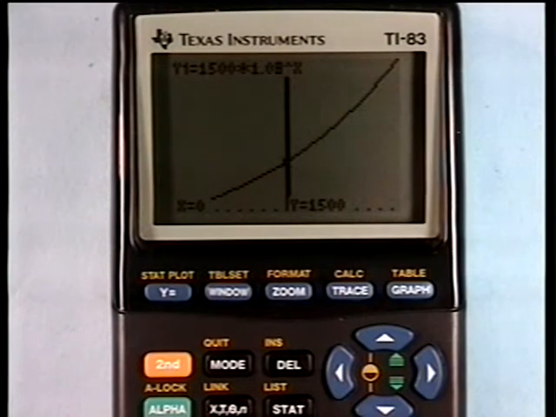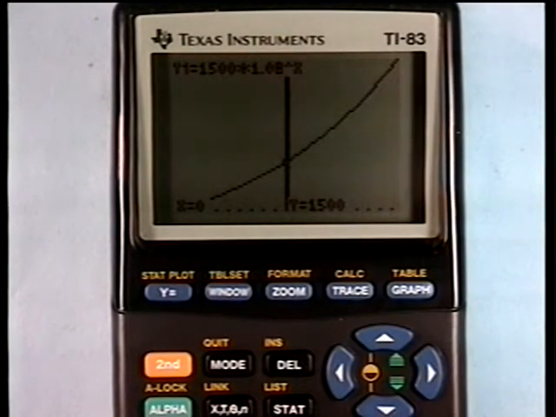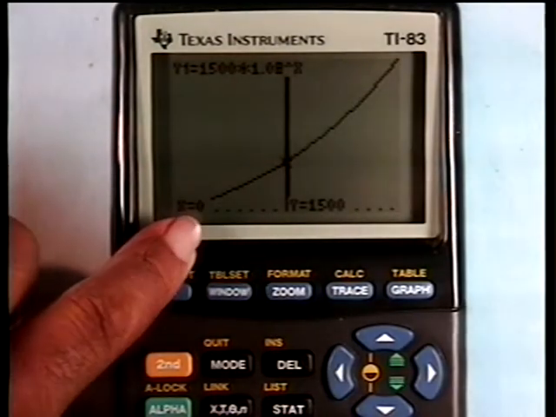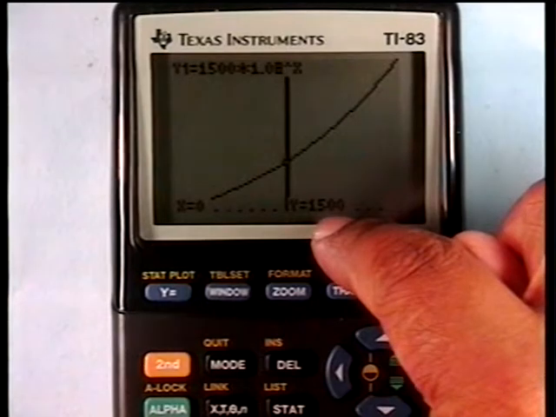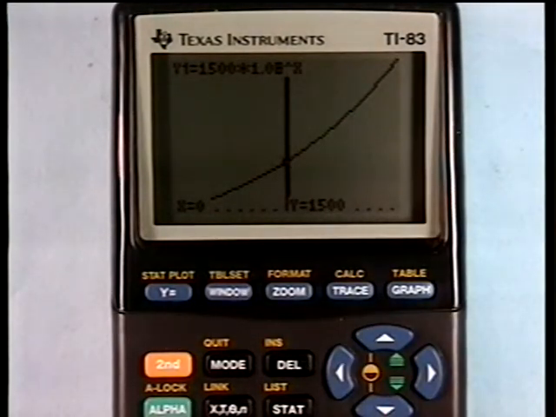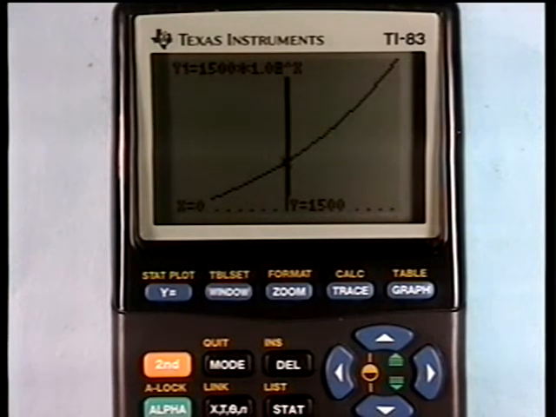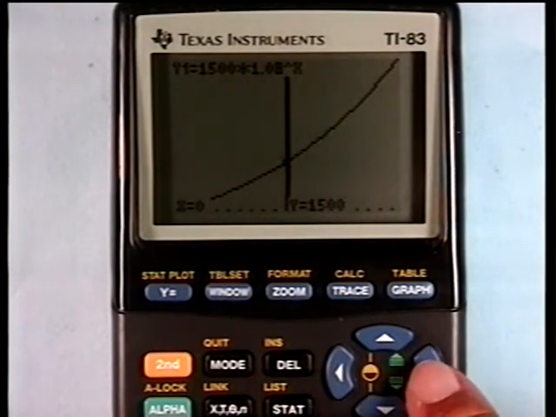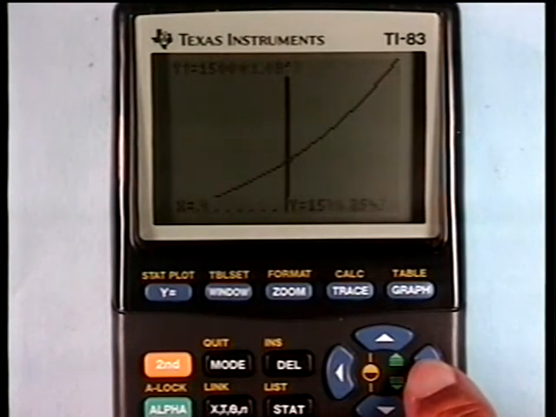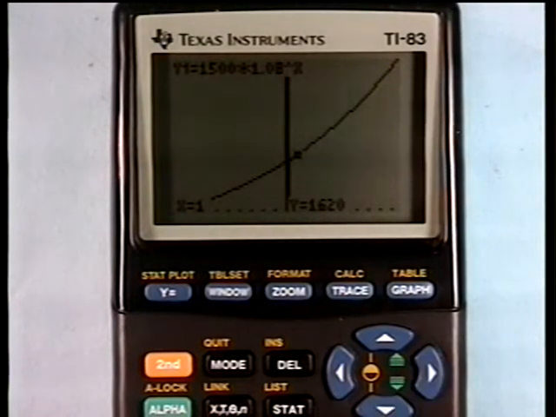If you'll hit your trace button, you'll see that at 0 years, which is our X value here, we have $1,500 represented by our Y value. You remember back at the beginning, we talked about our Y value being the balance of dollars after X years. Now, use your right button and trace to 1 and find out how much money you'll have.